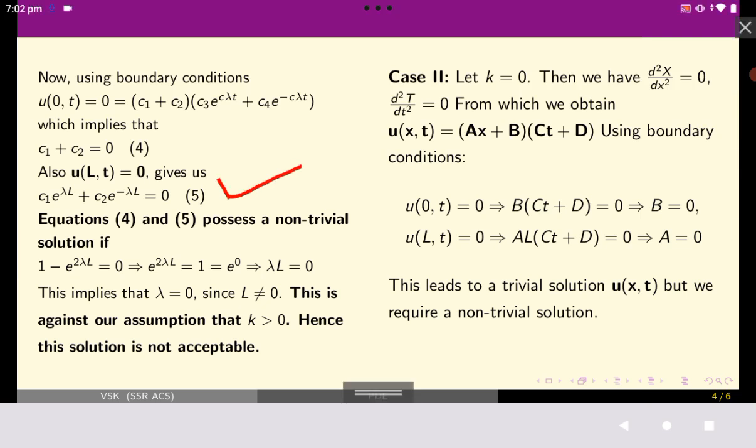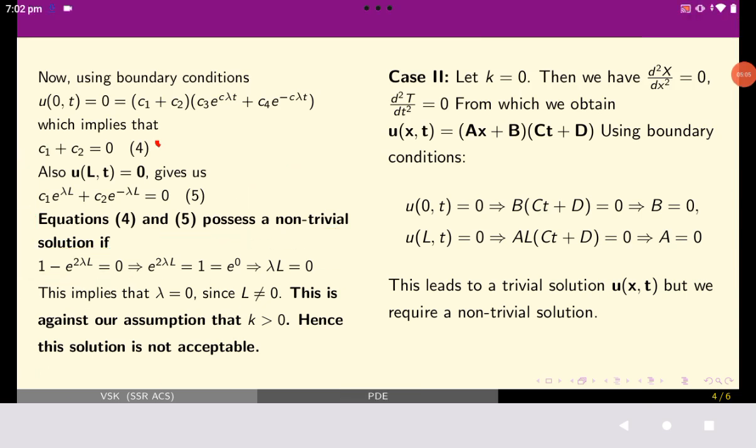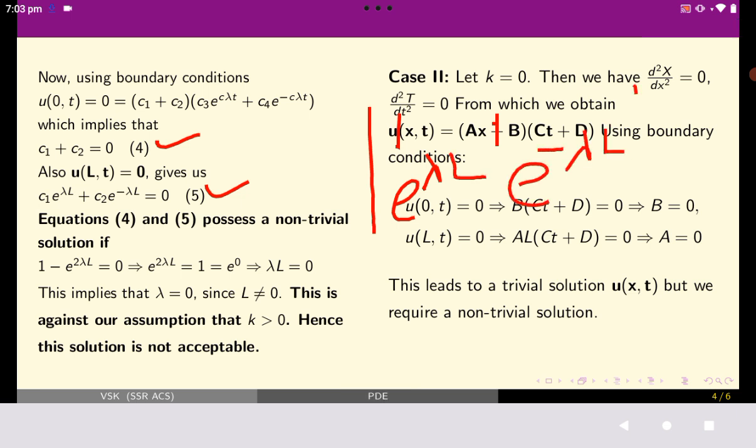Now these equations 4 and 5 possess a non-trivial solution when this expression holds. How does this come? Because you can see these two equations will have a non-trivial solution if the determinant of the coefficients is 0: 1, 1, here the coefficient will be e to the power lambda L, here e to the power minus lambda L. This determinant should be 0.